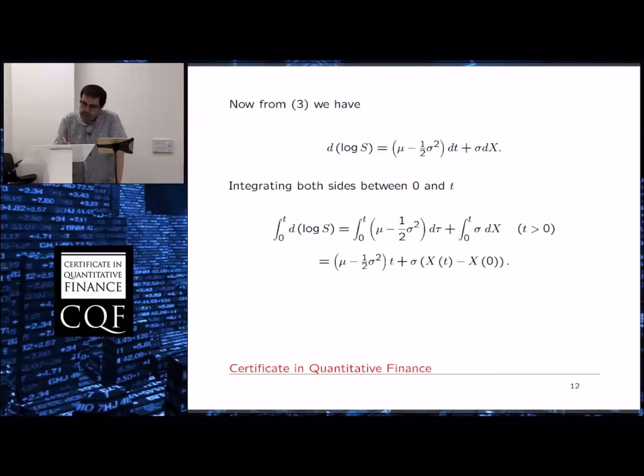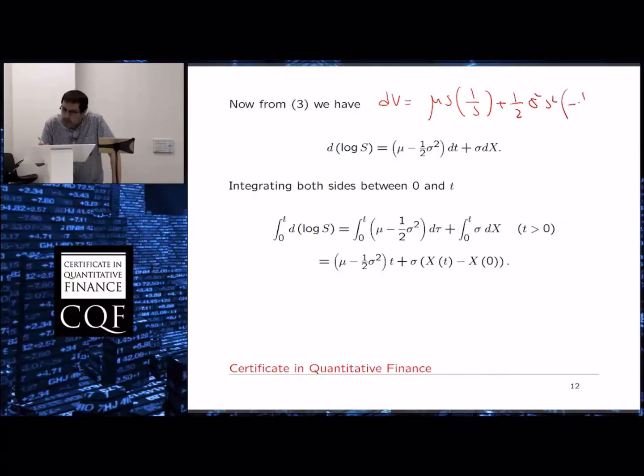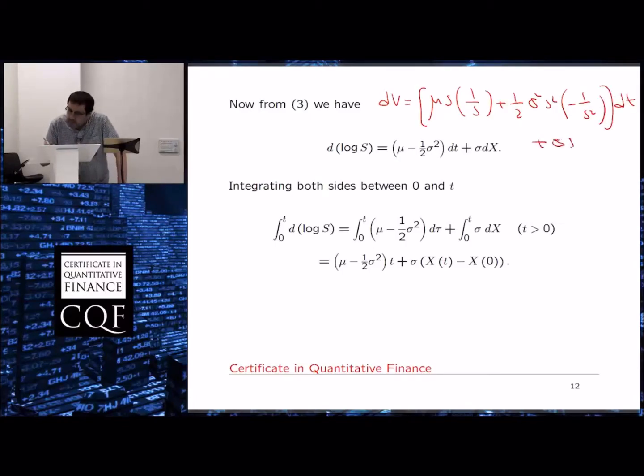So what we have here is dv is equal to mu s times dv by ds, which is 1/s, plus a half sigma squared s squared times minus 1/s squared, times dt, plus sigma s dv by ds, which is 1/s, times dx.